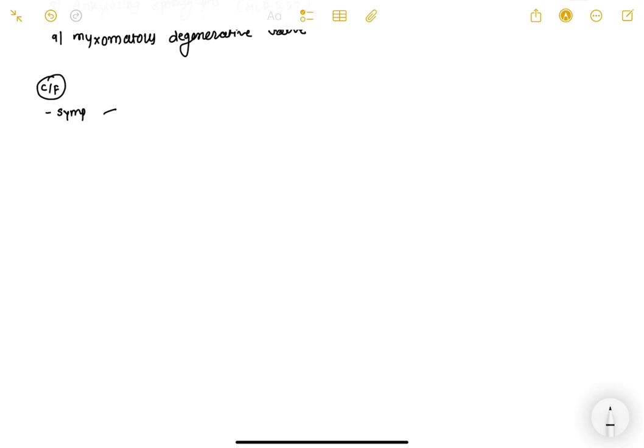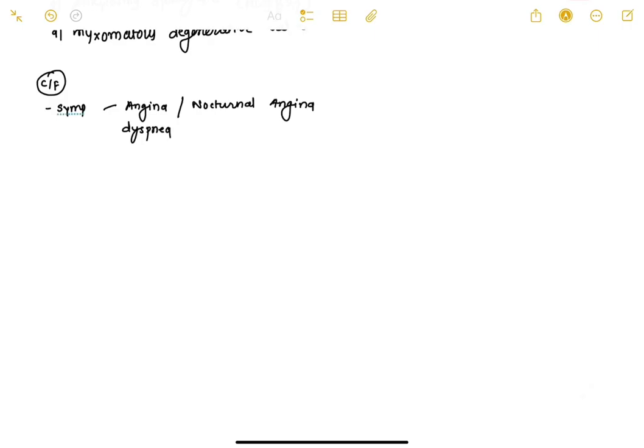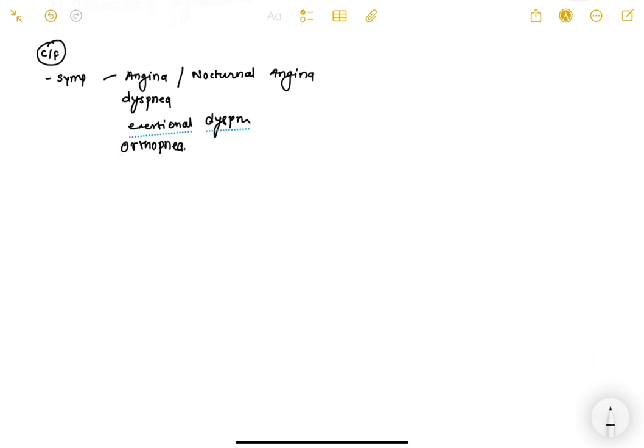So as I told you earlier, there is angina, also nocturnal angina, there is dyspnea, there might be exertional dyspnea, orthopnea, head pounding sensation.